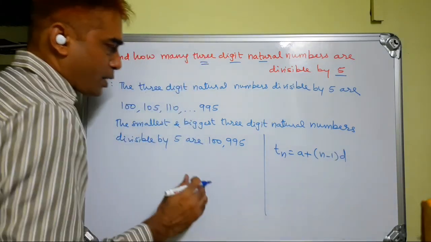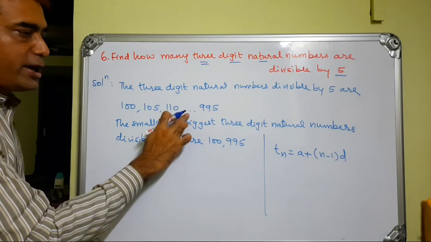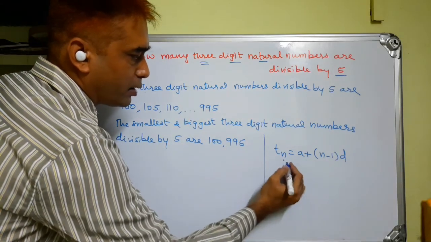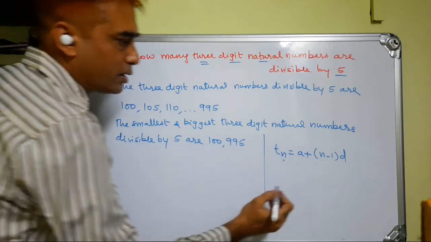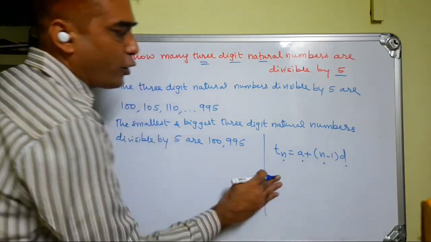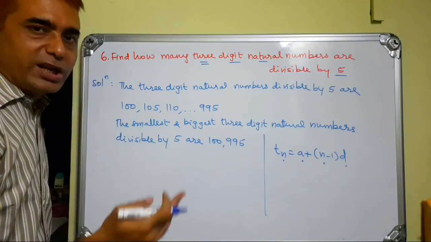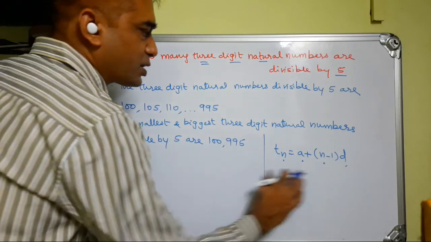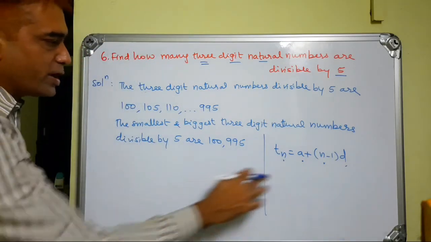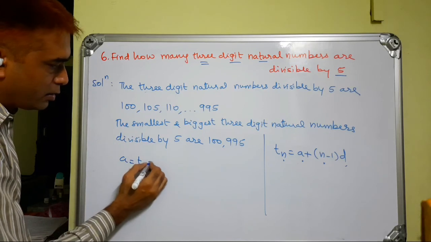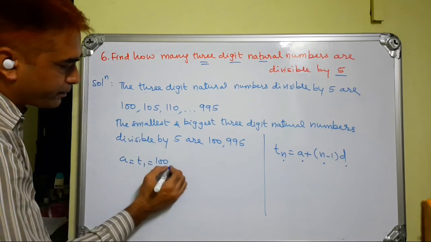Now here, in this AP, what is a? We need one from these 4 things. From these 4 things, if we know 3 things, we can find the 4th thing. So which 3 things do we know here? So here a equals T1 is 100.